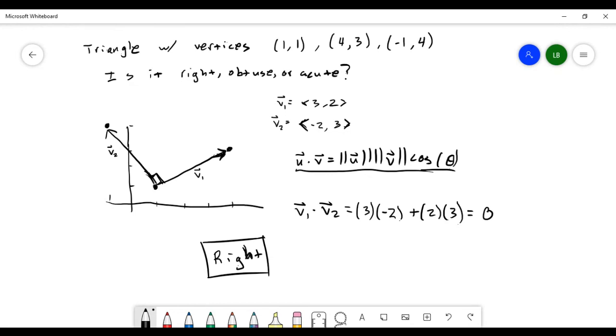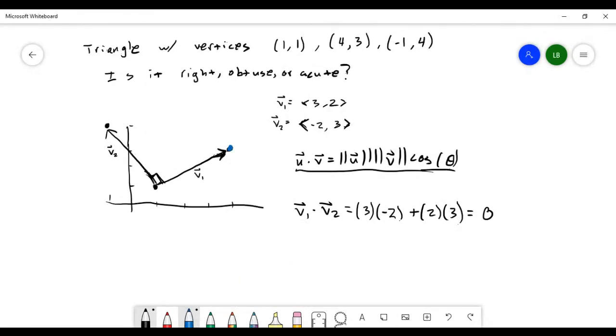If it were instead an obtuse triangle, then what we would look for is a vector pair where both vectors are coming from the same point. So for instance, when we take the dot product, we would want to look at vectors that all come from the same point.